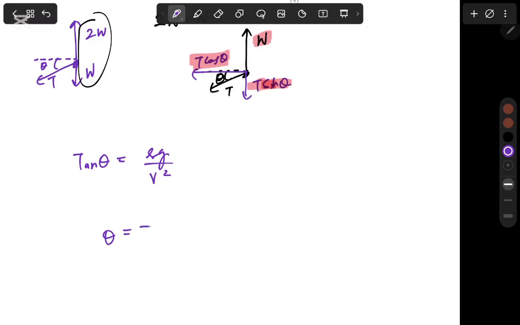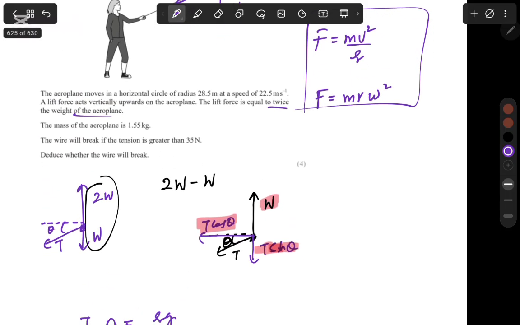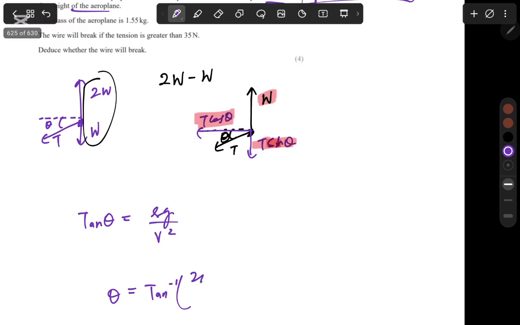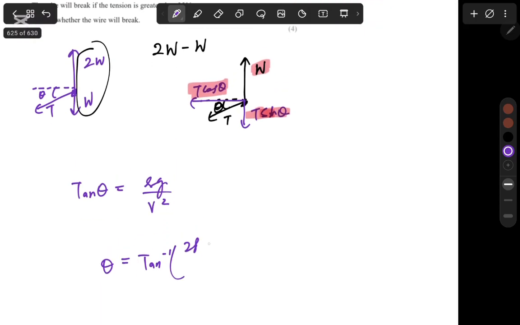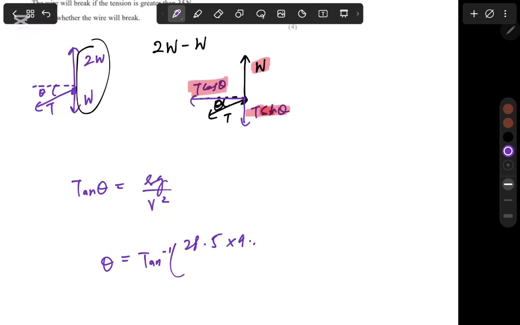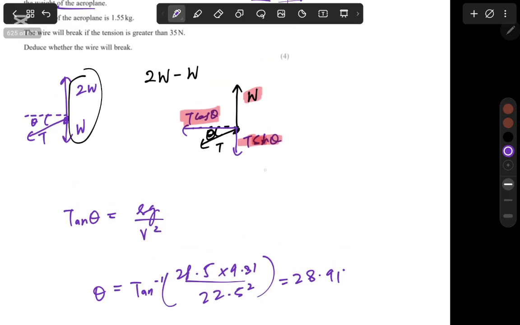Theta is equal to tan inverse of 28.5 times 9.81 over 22.5 squared. That's going to be 28.91 degrees. Okay, now we go back to the original equations that we had.